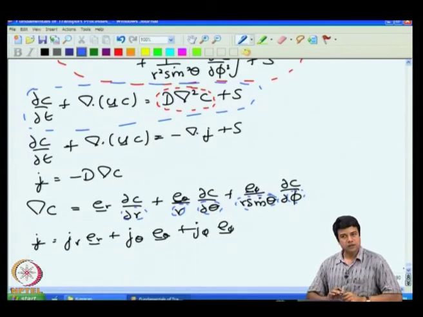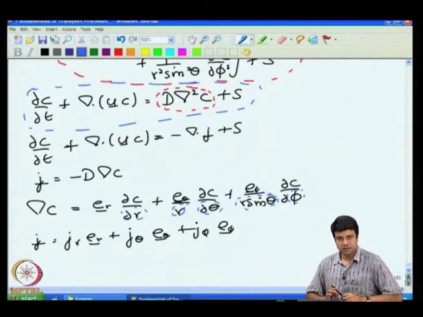One doubt that naturally occurs when you write the gradient and divergence in this form is that the gradient of c as expressed here is just equal to E r times dc by dr plus E theta by r dc by d theta plus E phi by r sin theta dc by d phi.